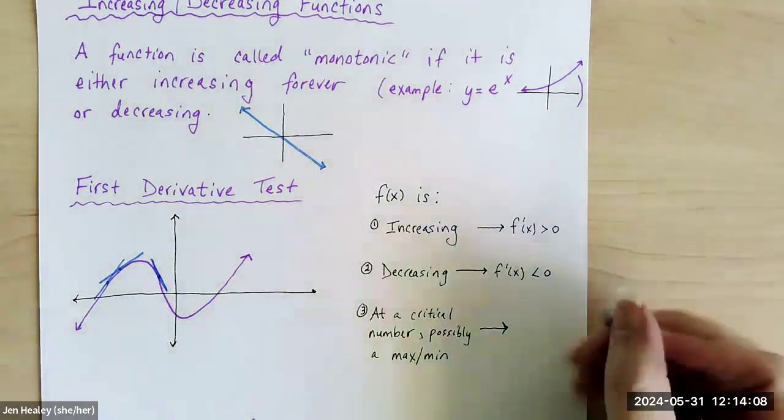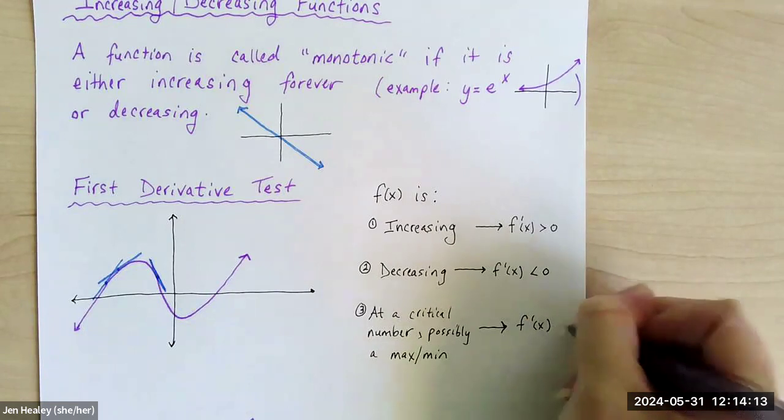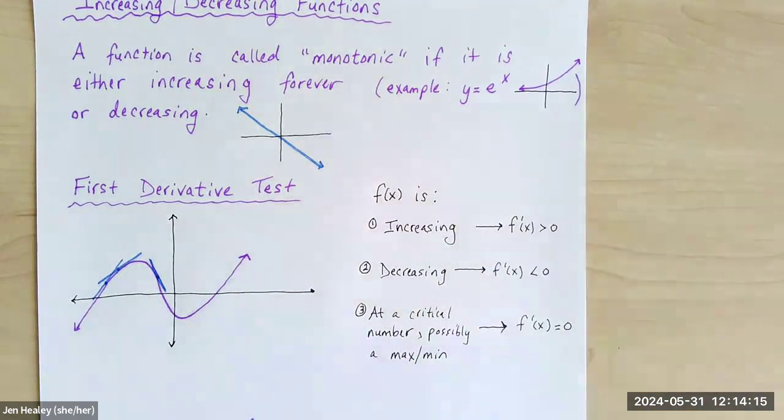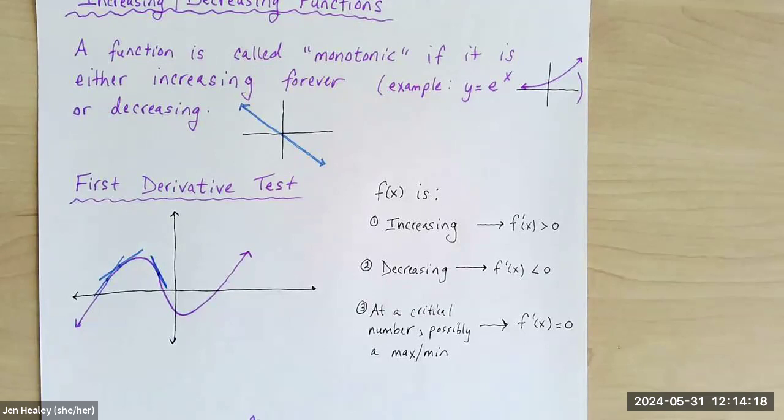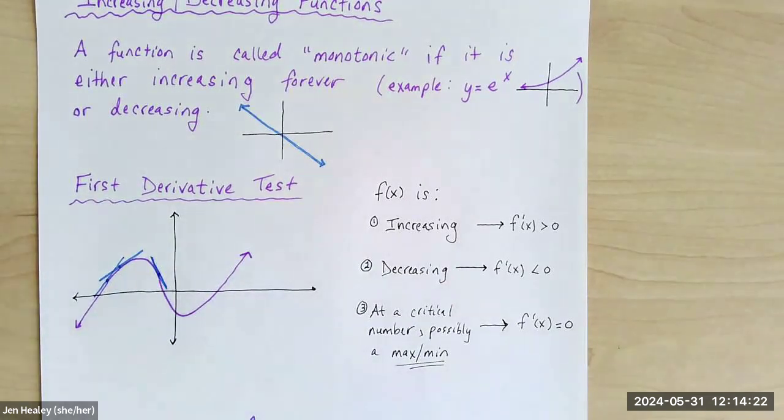So at a critical number, if we have f prime of x is equal to 0 specifically, then we possibly have a maximum or a minimum value there. If f prime of x is undefined, then we don't have a max or min there, but we might have something else happening. Something called an inflection point is often what will happen when it's undefined.